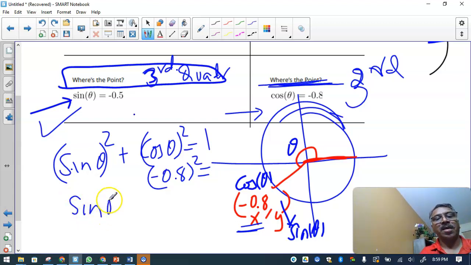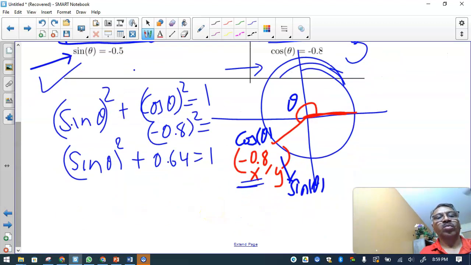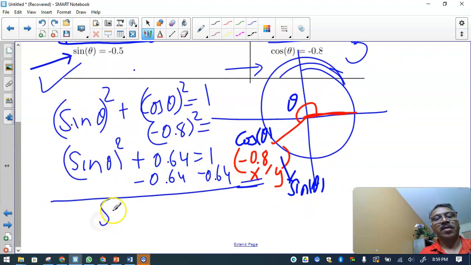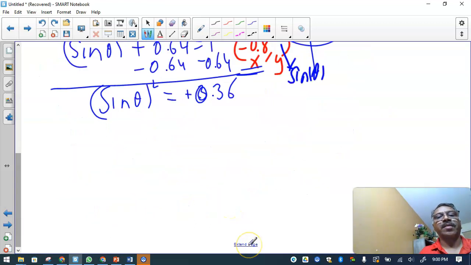So sine theta squared plus 0.64 equals 1. Then subtract 0.64, and you get sine theta squared is 0.36.